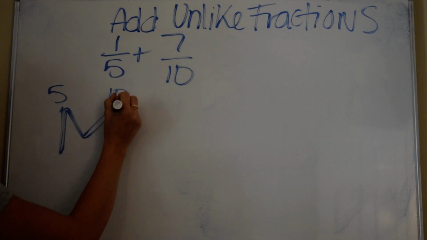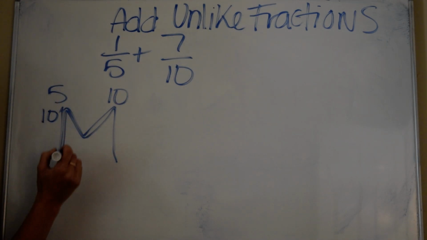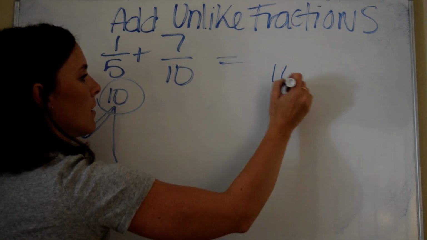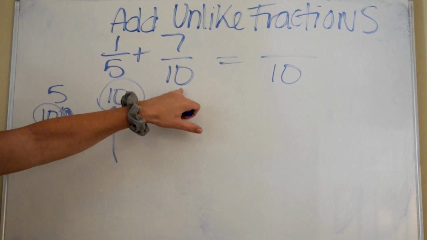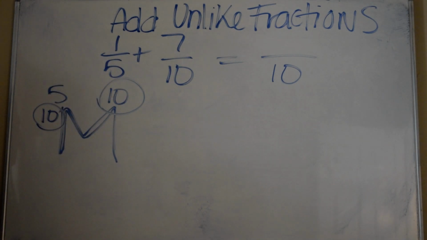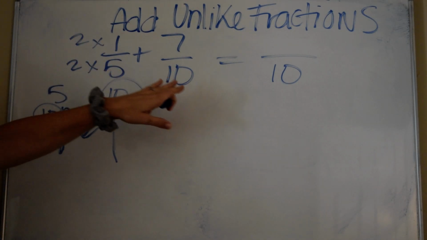I know already that 5 is a factor of 10 because 5 times 2 is 10. So I know right away my denominator is going to be a 10. Luckily, this one is already a 10, so I'm not going to do anything to it, but I do need to change my 1/5. I'm going to multiply it times 2 because 5 times 2 will give me a 10.